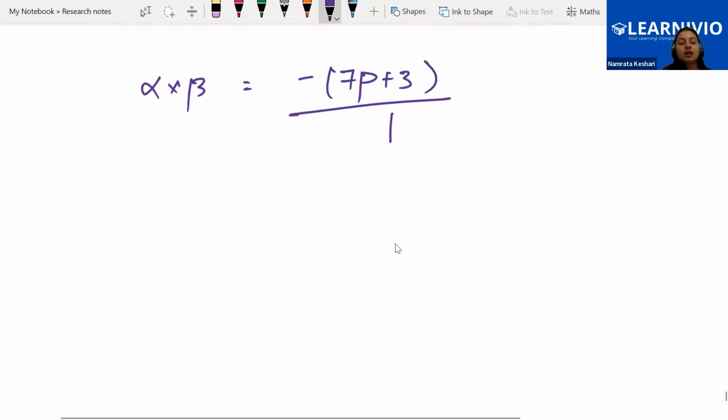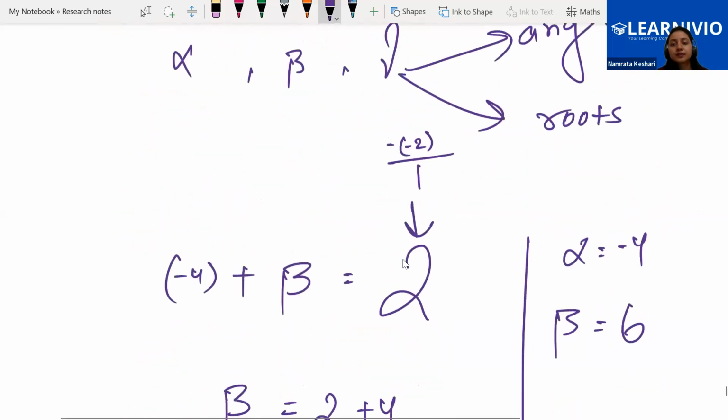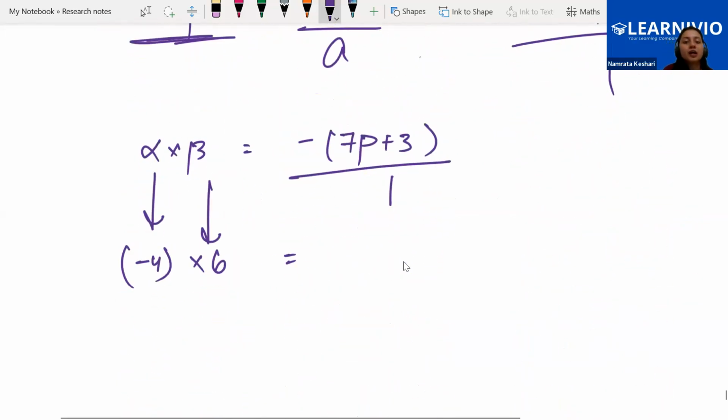Alpha was given in the question. Beta we have found as 6 by the sum of the roots formula. And from here now we have to find the value of p.